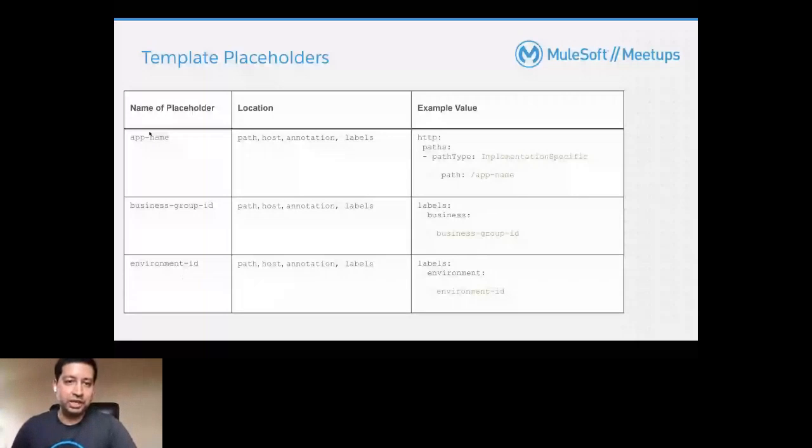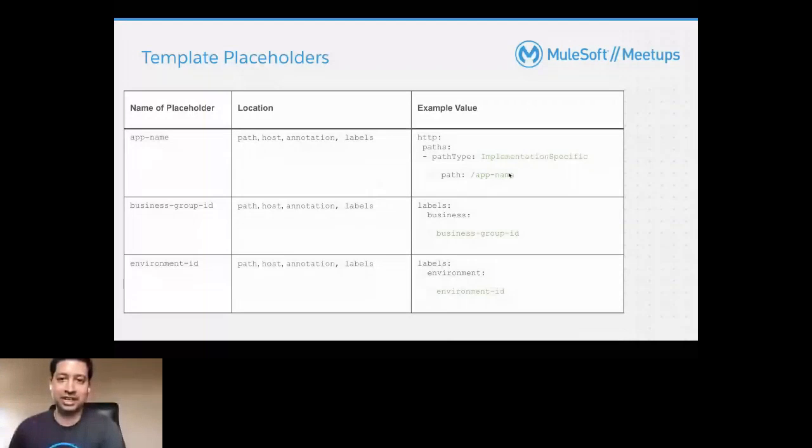Now, each of these placeholders can be placed in different locations. App name can be put into path, host, under annotations, and under labels. All these 4 places you can use, and that's true for all 3 of them. If you put it anywhere else, then that will not be resolved.